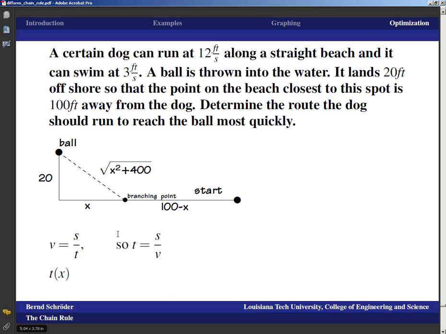That means that the time the dog will take to get from the start to the ball, depending on where the branching point is, depending on what x is, will be 1 over 12 times 100 minus x. 100 minus x is the distance, and 12 feet per second is the speed of the dog, plus 1 over 3, so 1 over the speed in the water times the distance traveled in the water, square root of x squared plus 400. I already pulled the denominators out front as fractions, because in that way they will act like constants and the derivatives will be a bit easier to compute.